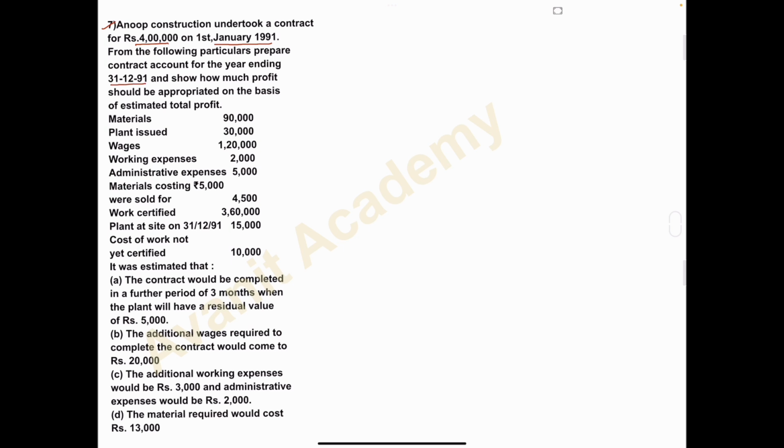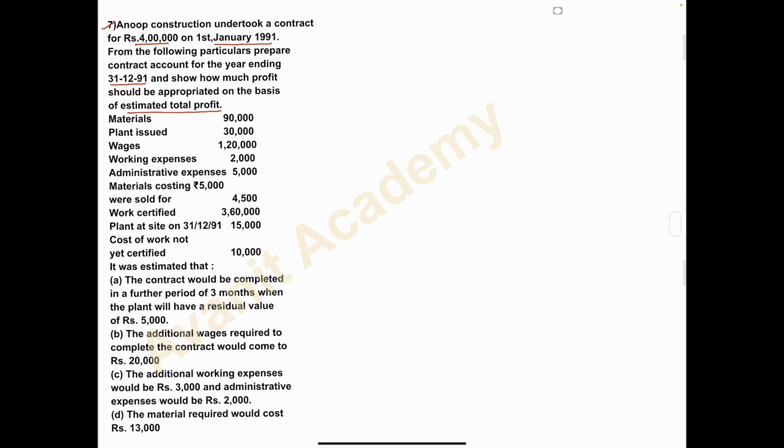So it is a 1 year contract. It started on 1st January and ends on 31st December. And show how much profit should be appropriated on the basis of estimated total profit. So this problem is based on estimated profit.